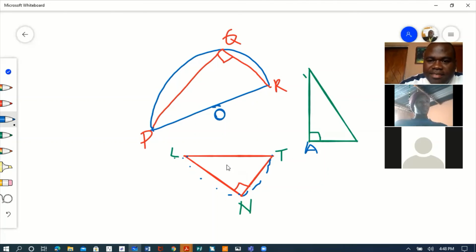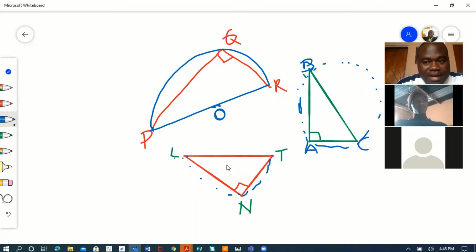Let's say A, B, C. We'll always have a circle that touches all the 3 points at the same time. Anytime you see a right angle triangle, whatever right angle triangle. Okay. Clear? Then the hypotenuse of a right angle triangle will always become the diameter of a circle.